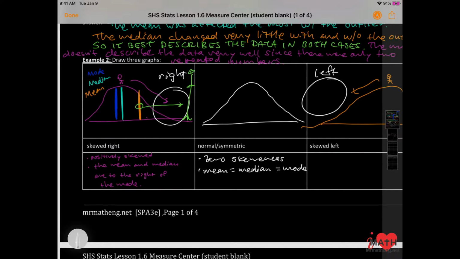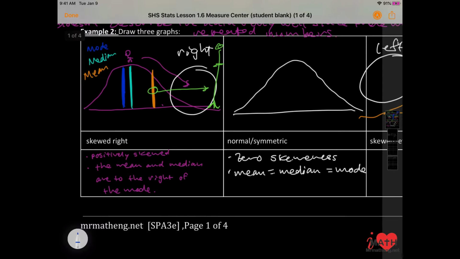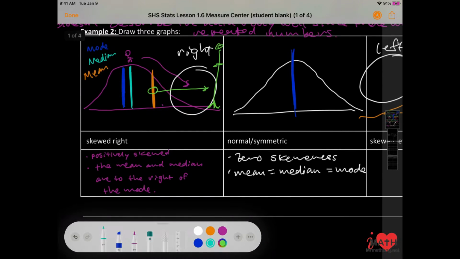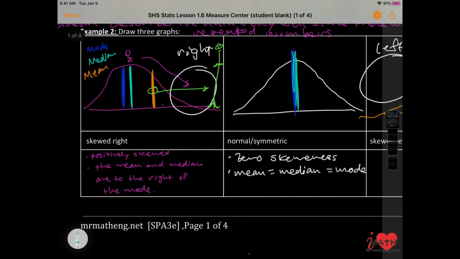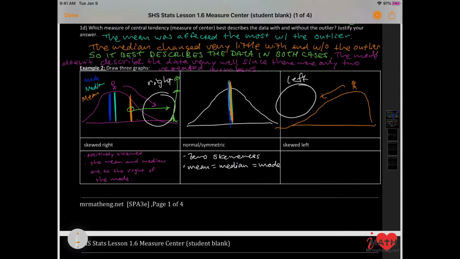All of those numbers are the same. So let's go back to our color coordination on the left side, okay? The mode, the median, and the mean are exactly the same. Okay?